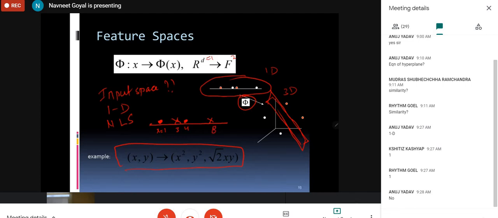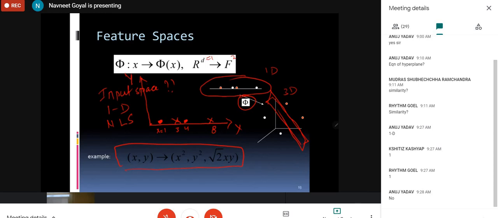Now I have to add another dimension to this problem. Suppose this is x, now I make it y, and my y should be such that any two of these points move up, and the other 2 points remain where they are.